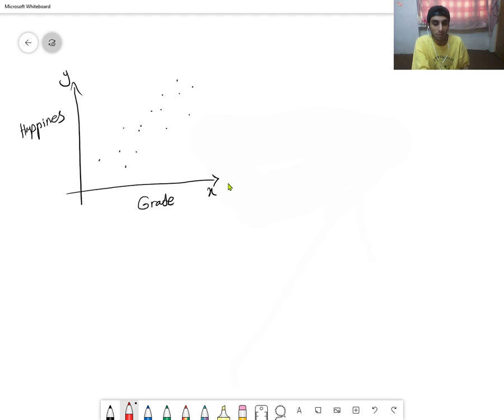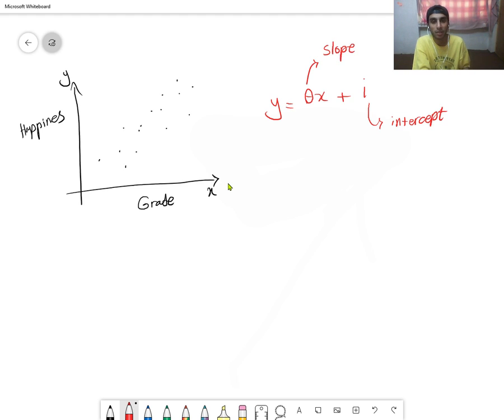Okay, we want to compress our data and explain this bunch of points with just a simple line like this. We know the equation of a line. We can say y equals theta times x plus i, where i is the intercept and theta is the slope.